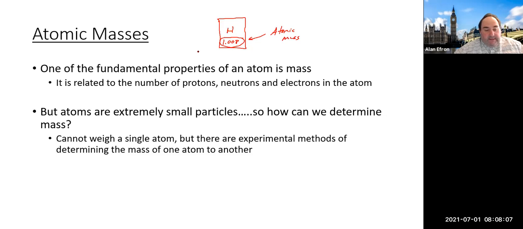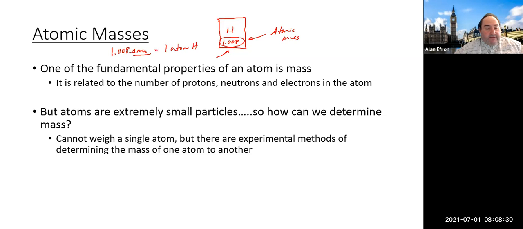Basically, what that means is that the number there tells us the mass per atom. So, for example, for hydrogen, 1.008 AMU is the mass of one atom of hydrogen.